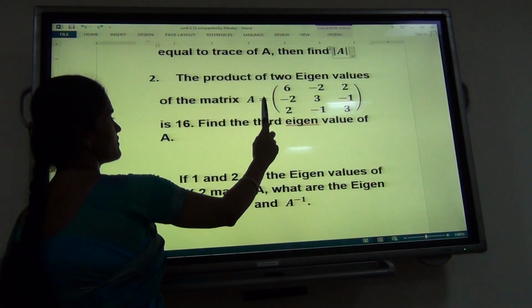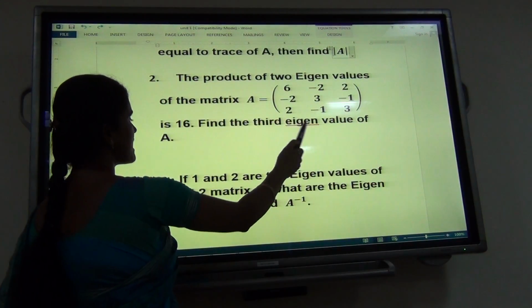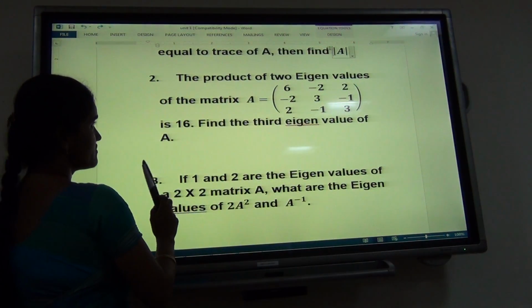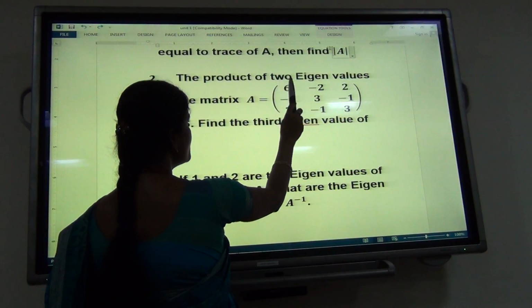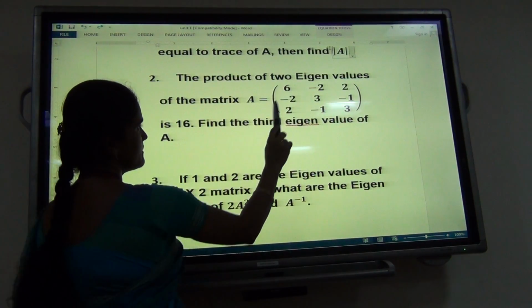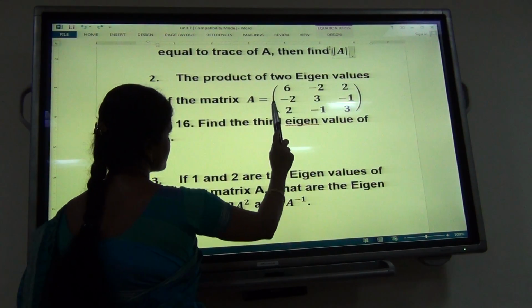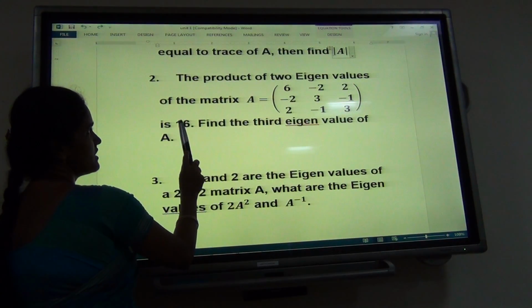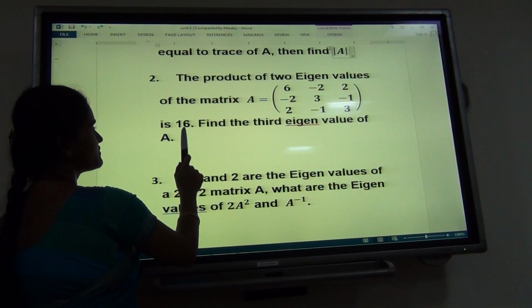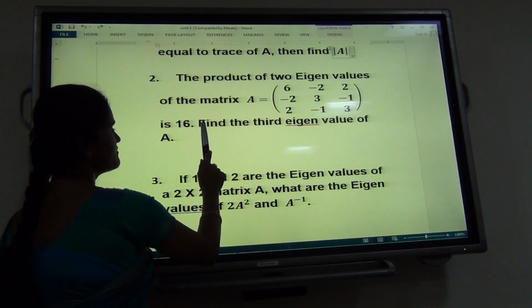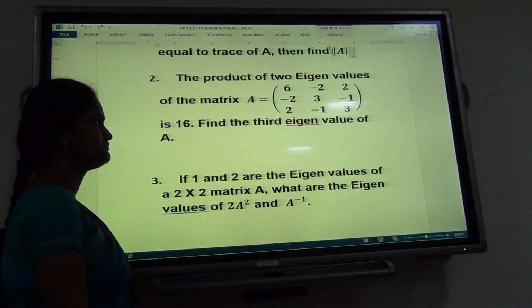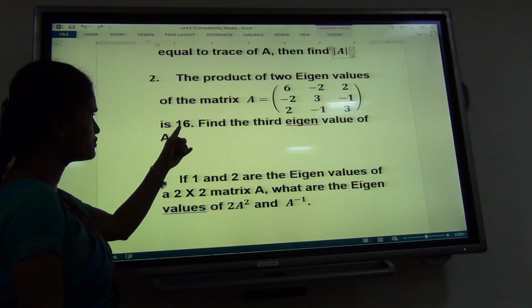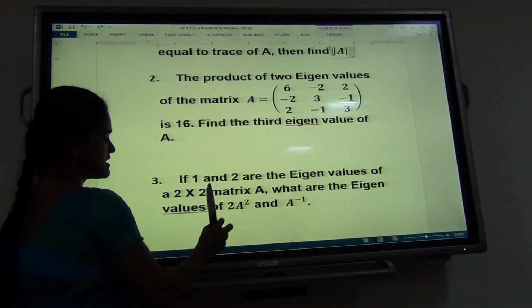Using that, we can find the third eigenvalue of A. Now they say product of two eigenvalues, not three. The product of two eigenvalues of this matrix is 16. Find the third eigenvalue. Knowing the product of two is 16, we are supposed to get the third eigenvalue.